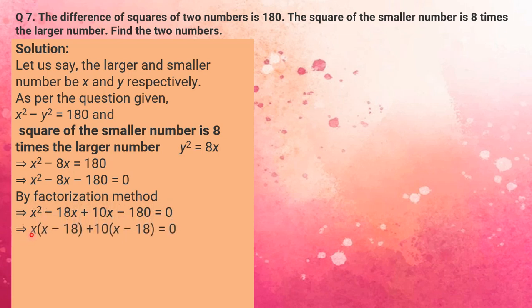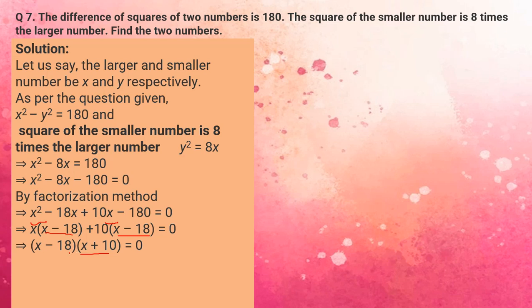Taking x common from the first two terms, the remaining quantity is x minus 18, and taking 10 from the third and fourth terms we get 10 into x minus 18 equals 0. So x minus 18 is common in both the terms, as we observed the quantity inside the bracket is the same. Taking out x minus 18, the rest of the quantities are x and plus 10, so in the second bracket we write x plus 10.